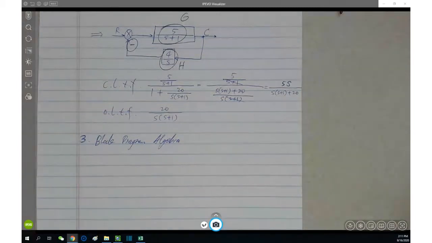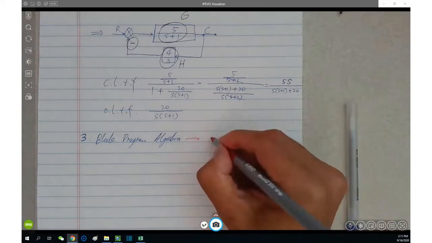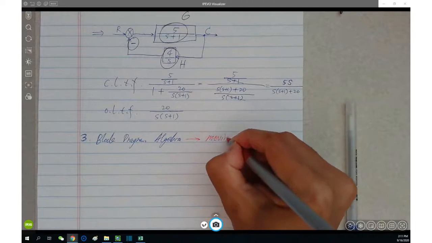However, in a complicated block diagram you might come across multiple of them mixed together. So here we can learn how to conduct block diagram reduction for that kind of overall system. So the algebra here is, first of all, pretty much a moving algebra.